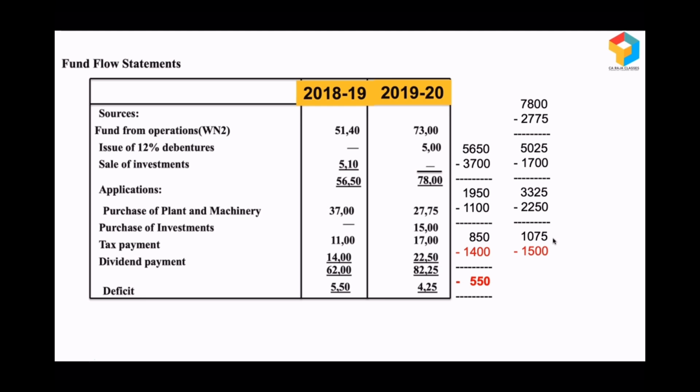1,075 is the surplus, and a 1,500 investment, not in their business. They have purchased investments, some shares or stocks of some other company, by using whose money? By using some short-term money. They have only 1,075, but how did they spend 1,500? The 1,075 plus 425 gave them 1,500.